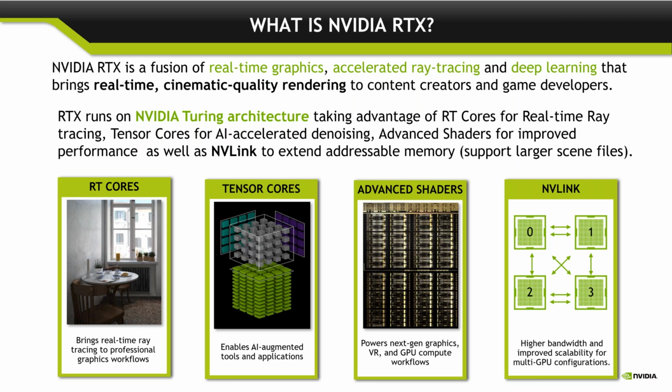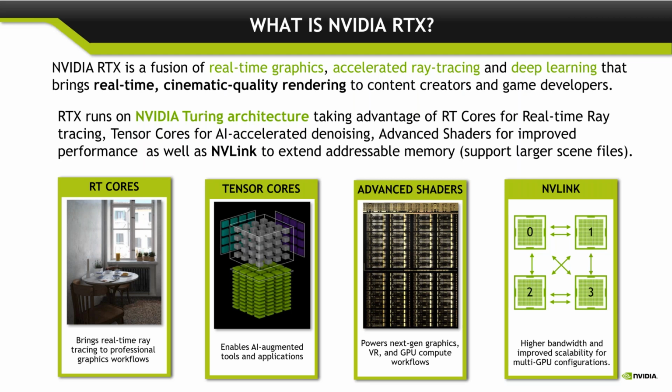So what are the new features, or the different things which are available in Turing, which are not available in other architectures? First of all, Turing introduces something called RT cores. RT cores is nothing but ray tracing cores. These are a separate set of cores which have the job of doing ray tracing.